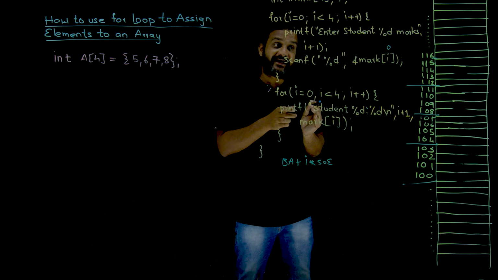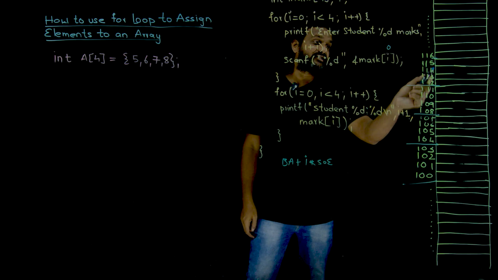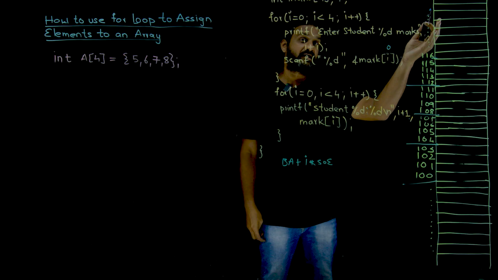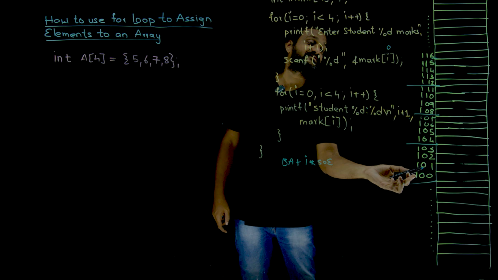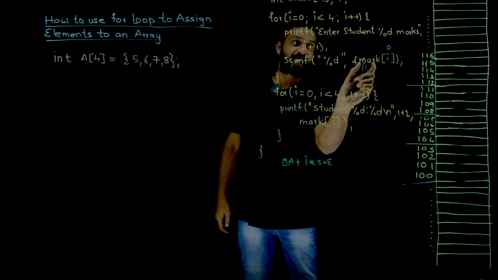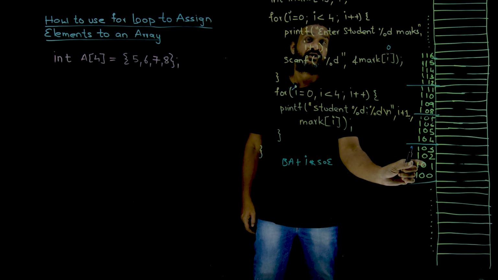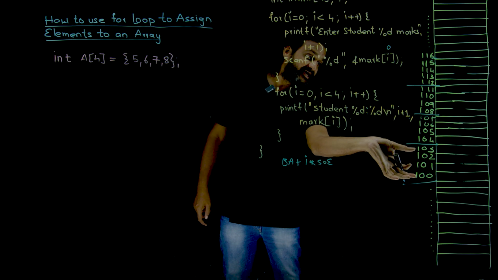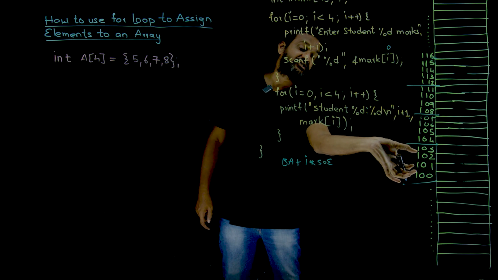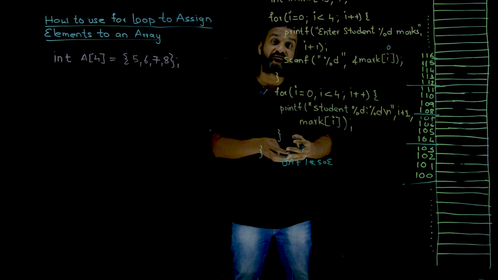So how are we going to calculate the address of marks of 0? Here is the array, and here is the memory. Let's assume that the starting address is 100, so the base address of marks is 100. Whenever marks of 0 is there, we have to store the element in these 4 bytes of space allocated for marks of 0.